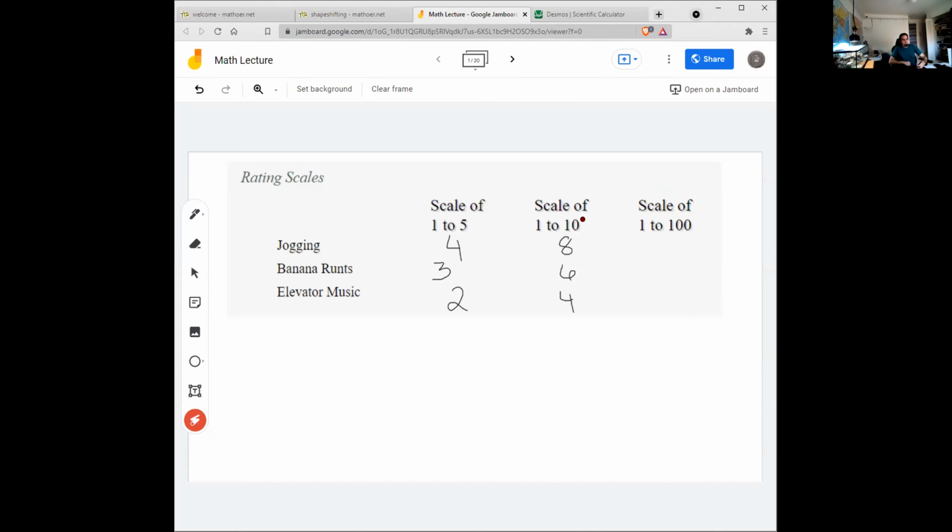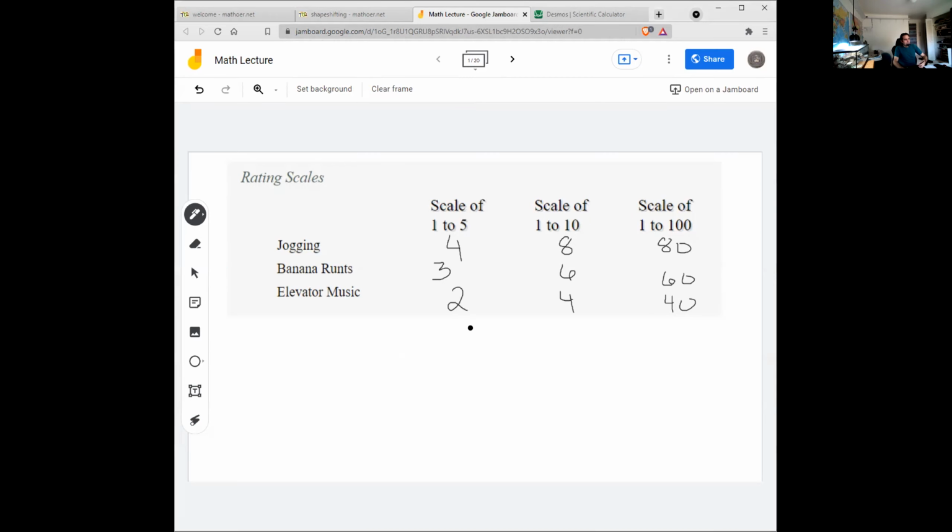Going from 10 to 100 is about a times 10. So maybe what we want is just 80, 60, and 40, but maybe we want something like 75 or something like that. So we have options. Okay, actually, I don't care how much we like banana runts. That's just there to show these scales.